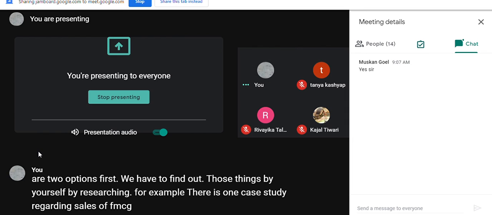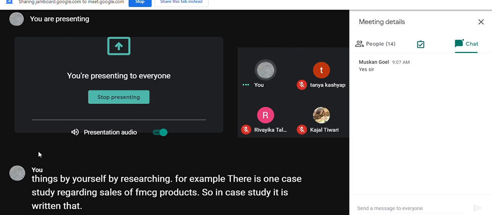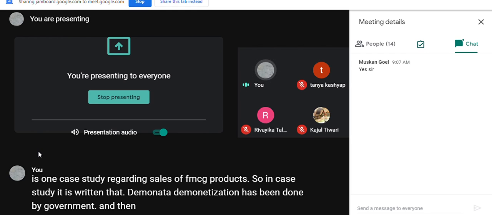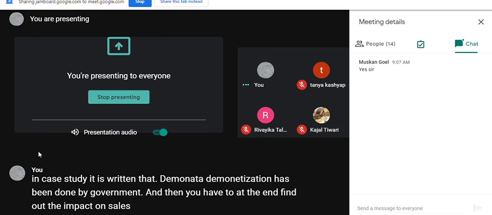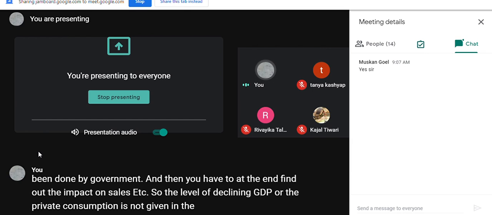In the case study it is written that demonetization has been done by government, and then you have to at the end find out the impact on sales, etc. So the level of decline in GDP or the private consumption is not given in the case study, but you have to find it on your own.